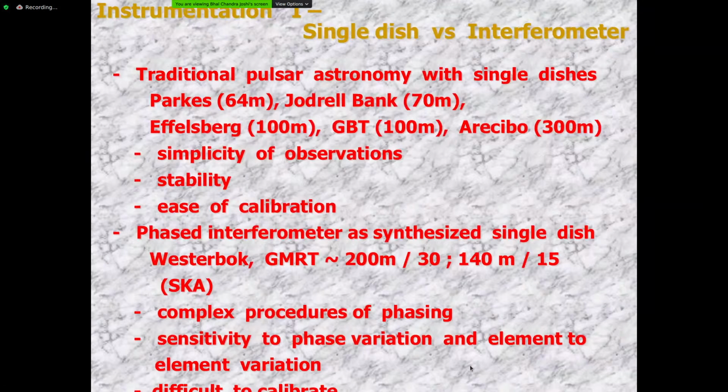GMRT is another example. And the future telescope in the next 5 to 10 years, the Square Kilometer Array, will have a square kilometer collecting area and would be made up of thousands of dishes, which is again a phased interferometer. So there are both types of instruments which are used, single dishes as well as interferometers today.